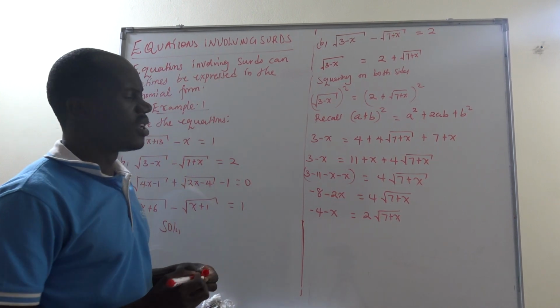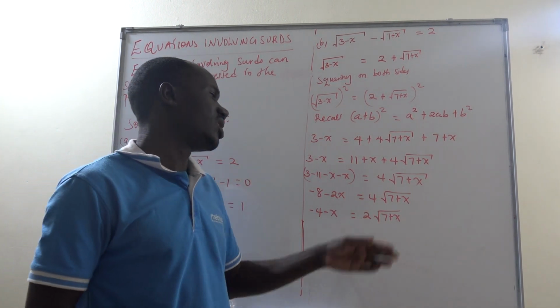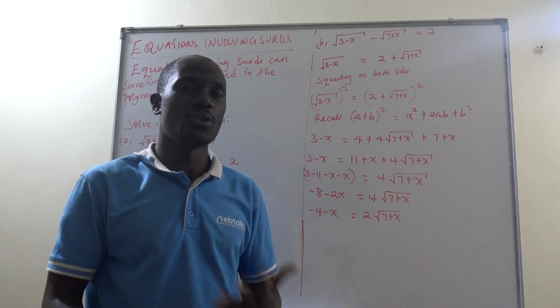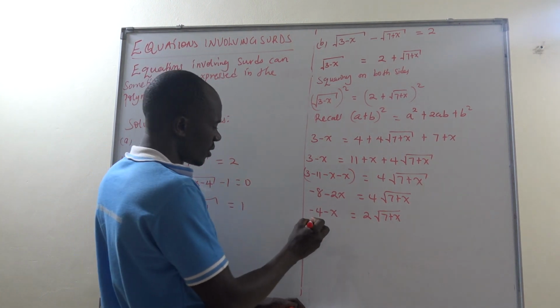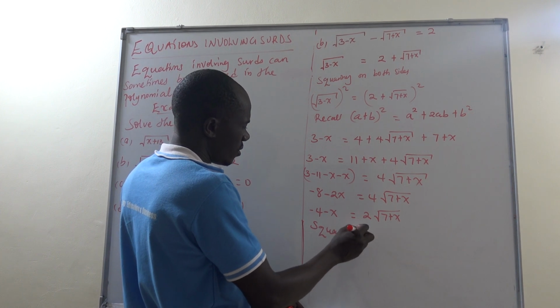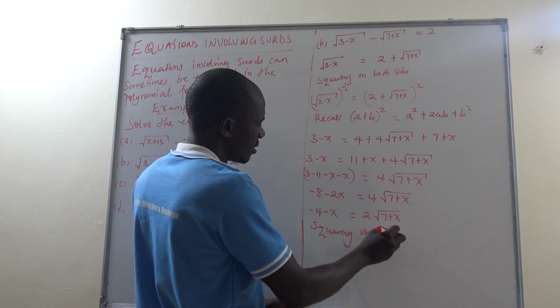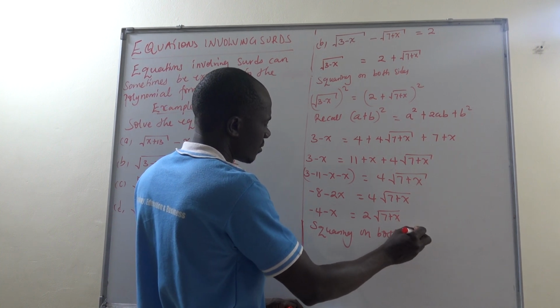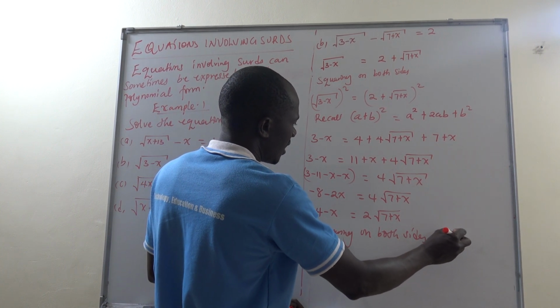So how can we remove that root? Squaring on both sides again.